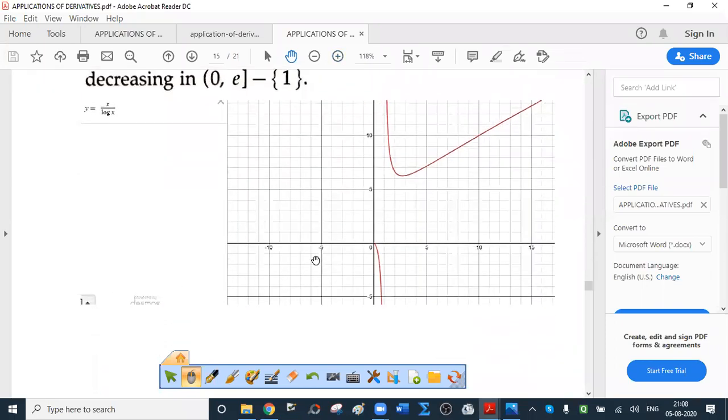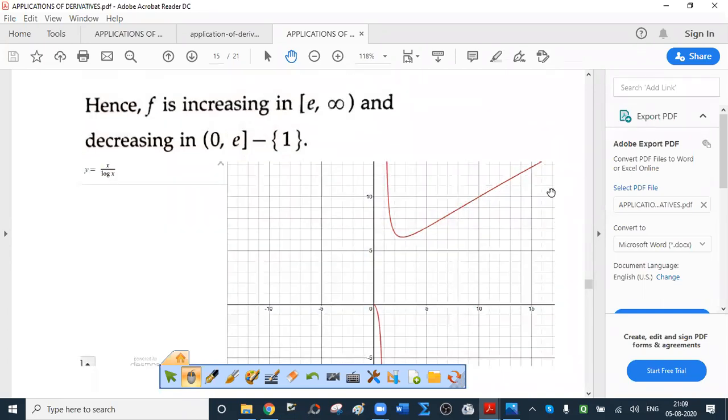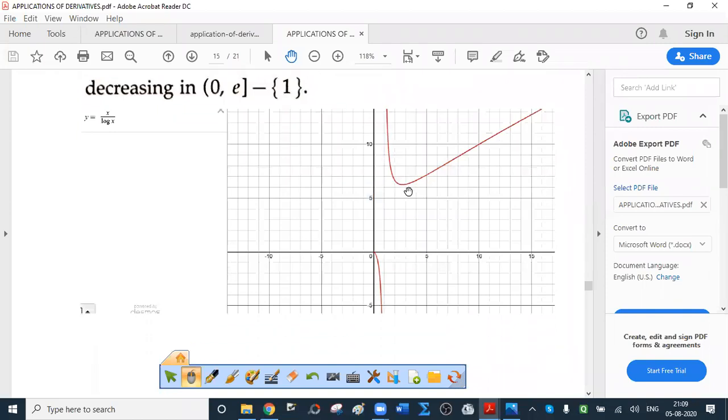Okay, so first we will see at which point it is increasing: e to infinity. See, this is e. So from e to infinity, it is increasing, and 0 to e excluding 1, it is decreasing. Yes, so this is about the solution of sum number 11.